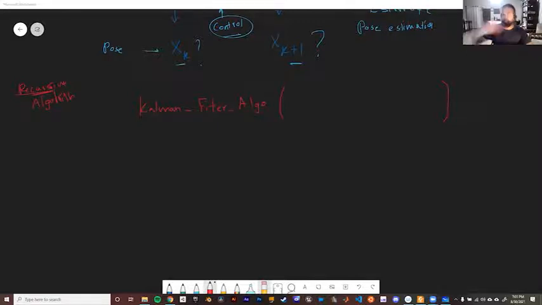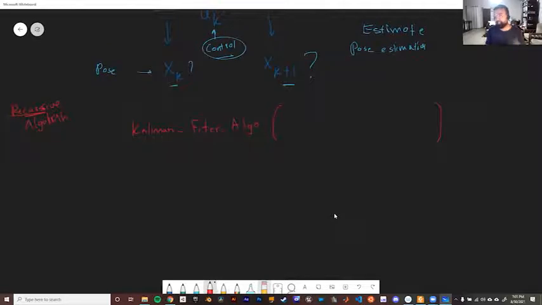And like you said, something that happens over and over again. So you have to start with something that you know, and then feed it into the algorithm, and the output of that algorithm goes back into the same algorithm. That's kind of how this Kalman filter algorithm works as well. It's built in a recursive way, so it's very easy to write code for it. You just have to write a function in the way I'm going to present it, and then it can go recursive.